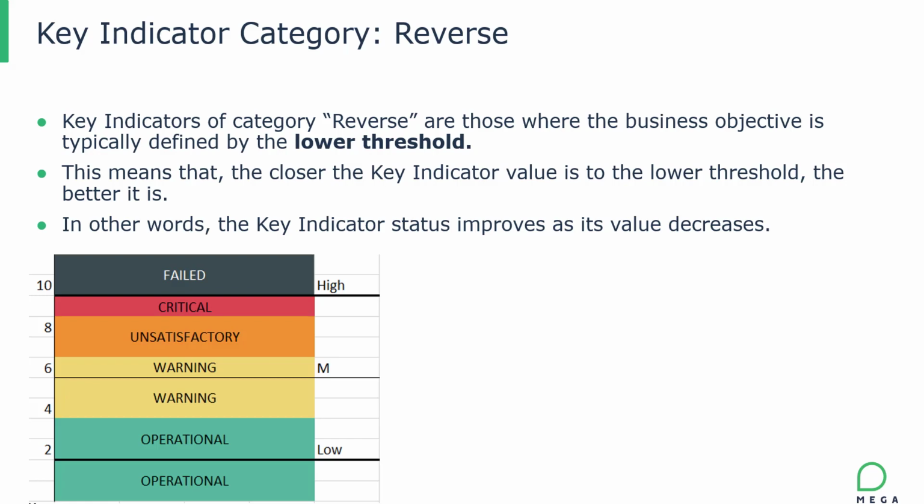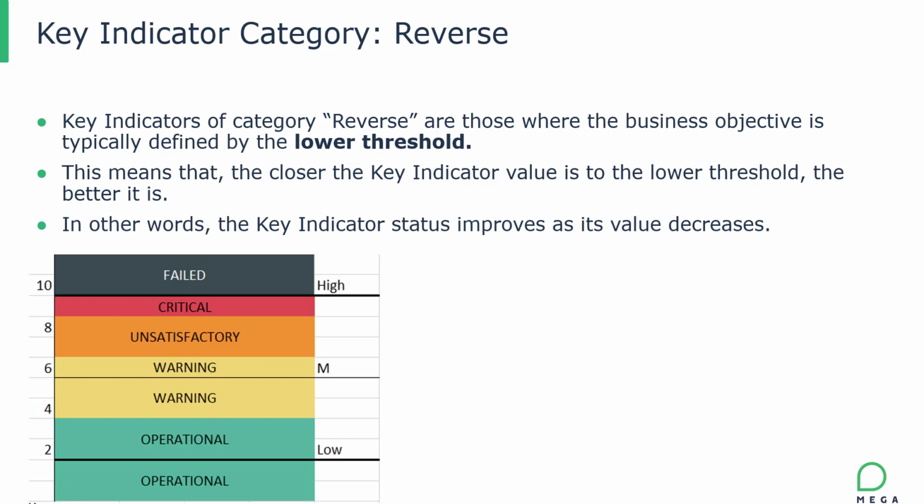Again, as you can see in this representation, the indicator will move into a green status, the operational, slightly before reaching the lower threshold, which is considered to be the optimal value for the indicator.